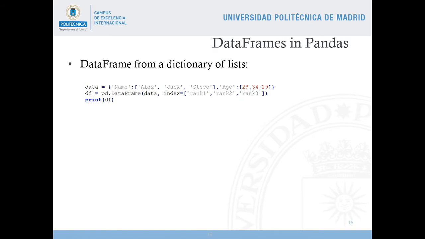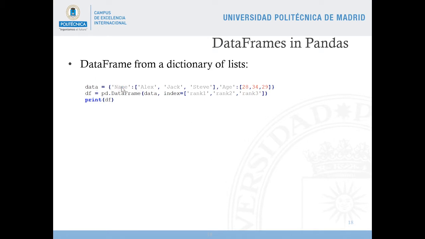We can also create a data frame from a dictionary of lists. Do you know what a dictionary is? Yes, yes, of course. It's like a mapping structure, an element points to another element.